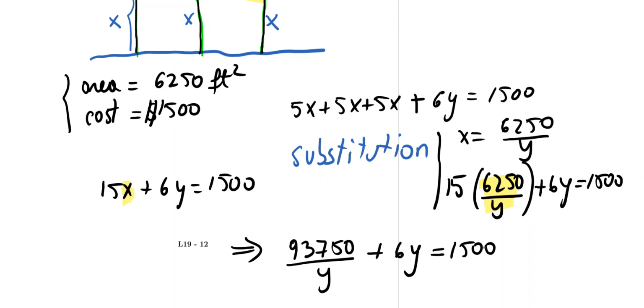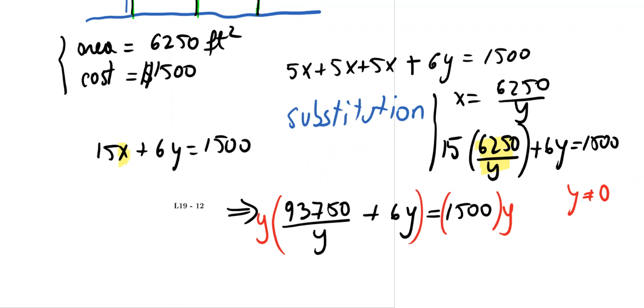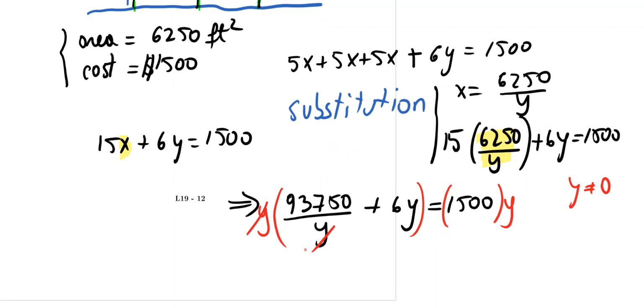I can multiply by y both sides because y is not 0. Because if y is 0, then the length of this pasture would be 0, right? So it doesn't make any sense. y is not 0. So therefore, this will go away with that.